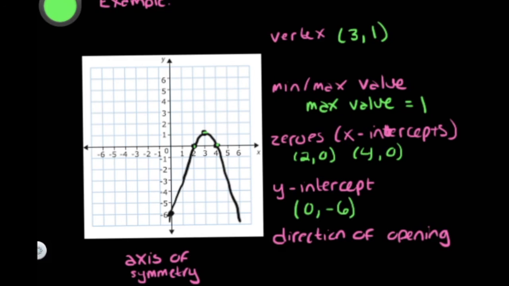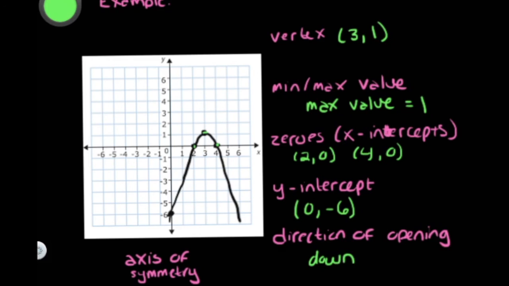Remember that when we have our zeros, the y is equal to 0. When we have our y-intercept, the x is always going to be 0. The direction of the opening of this parabola, does it open upward or downward? Well, this opens downward, so it's a downward curve.